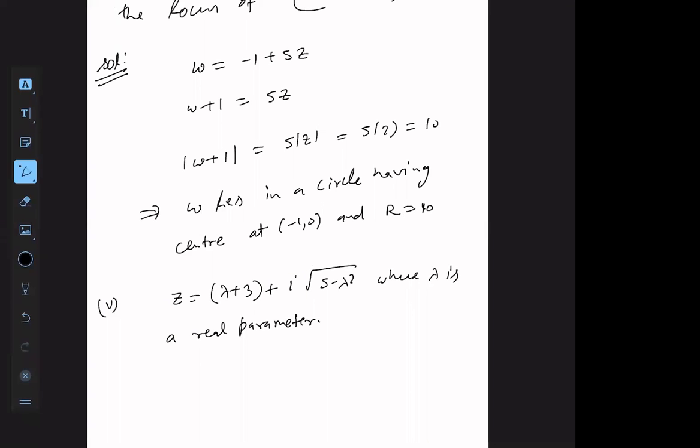z is equal to lambda plus 3 plus iota under root of 5 minus lambda square, where lambda is a real parameter.